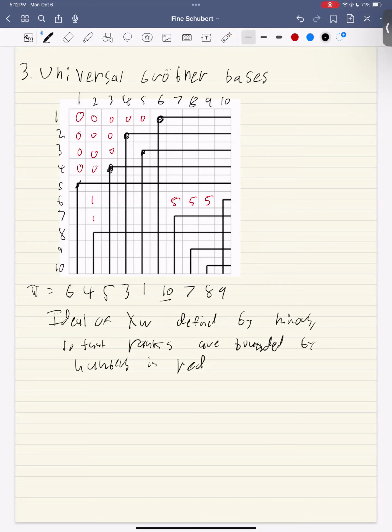Fulton showed that these minors, and in fact he gave a slightly more efficient set of generators, generate the ideal of the matrix Schubert variety. We're going to give a universal Groebner basis for some family of matrix Schubert varieties.